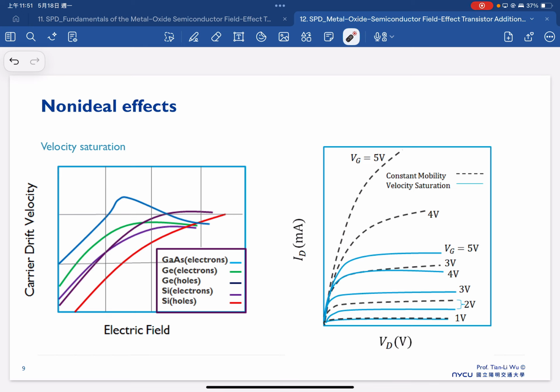And if you see the right hand side, it's important to consider this velocity saturation, because then we see the highly reduced drain current, which is very important for us to model and also take into account for the current driving capability.